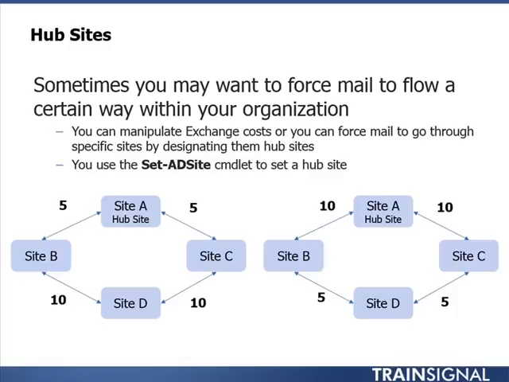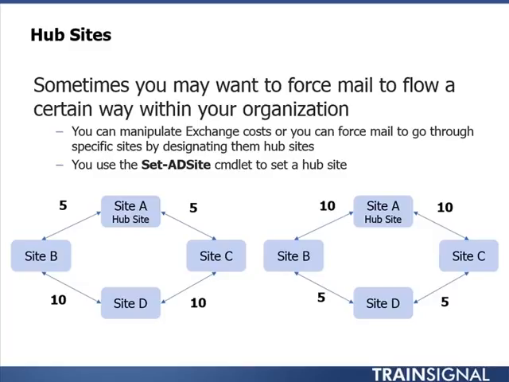So it would use that least cost path. However, if you look at the other example on the right-hand side, in that case, the cost to go through site D is actually the least cost path. So even though site A is designated as a hub site, the mail would not flow through site A because the least cost path actually takes it through site D.